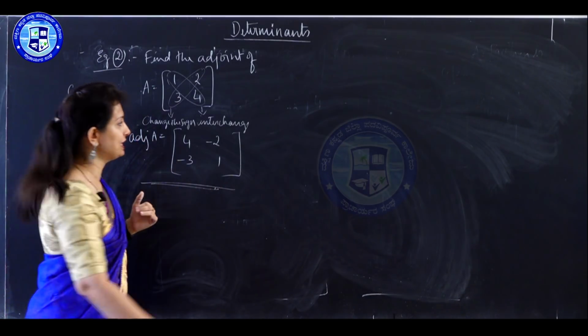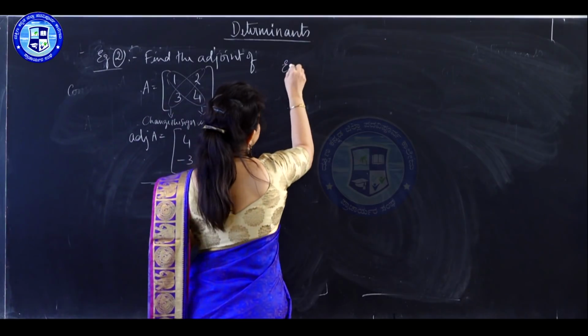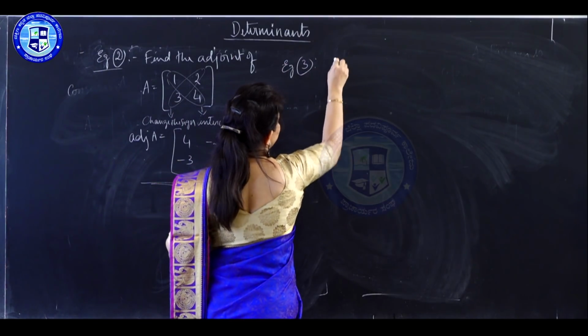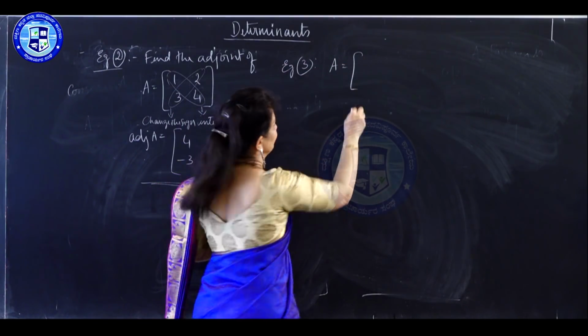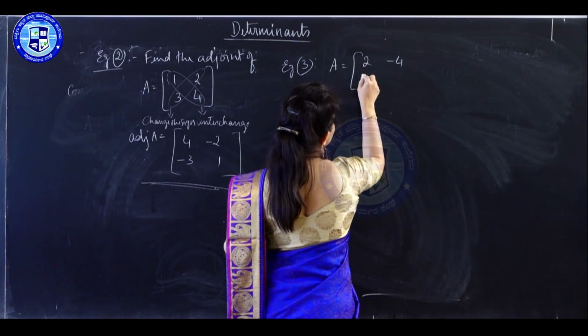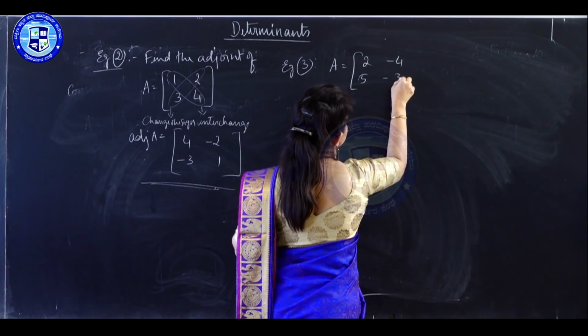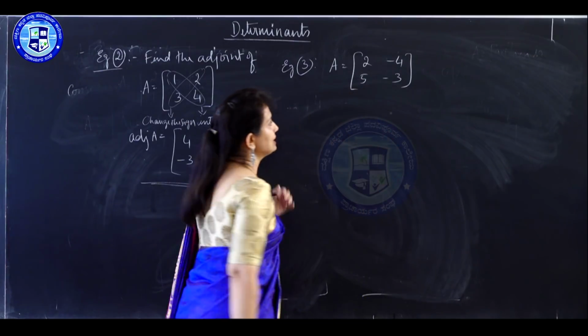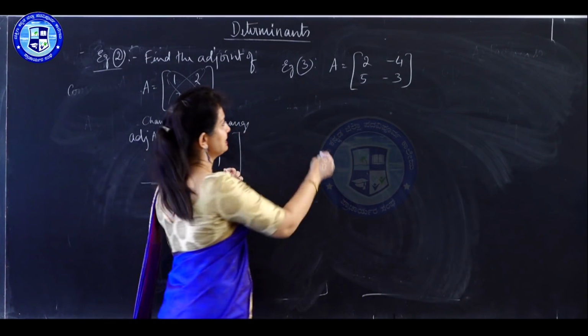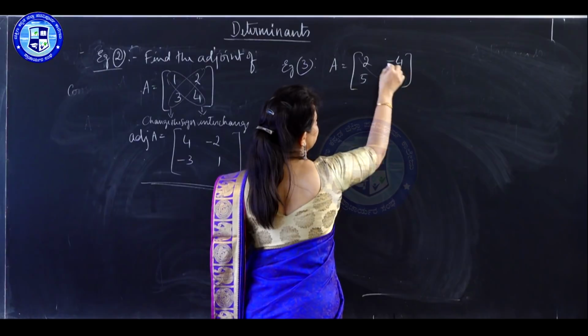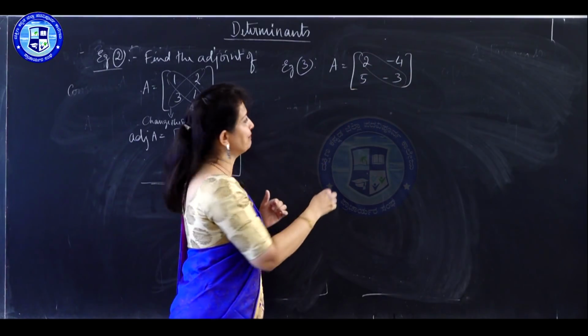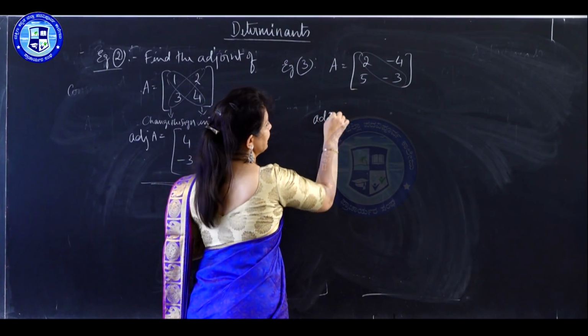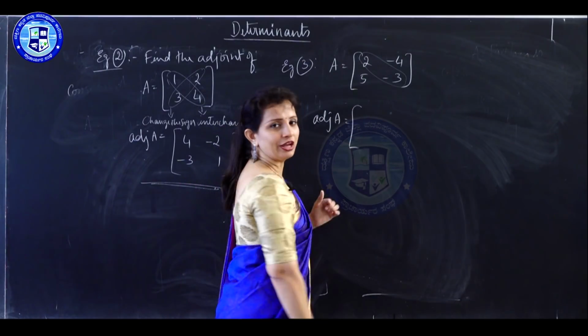One more example, look at this. Example 3. If A is equal to 2, minus 4, 5, minus 3, what is the adjoint of this? Yes, directly we can write it, isn't it? For the adjoint, interchange the diagonal elements. So, adjoint A equals, how can you find this?